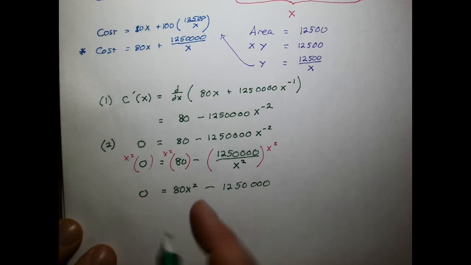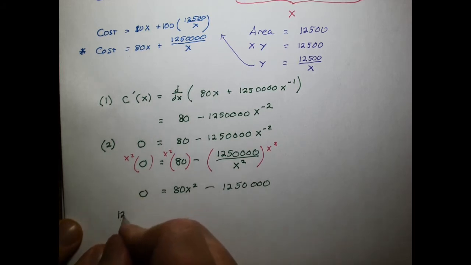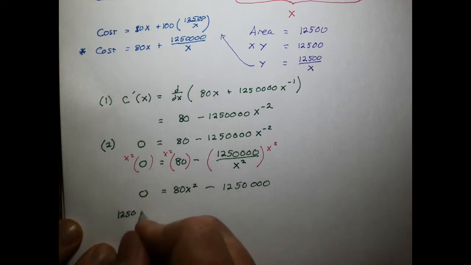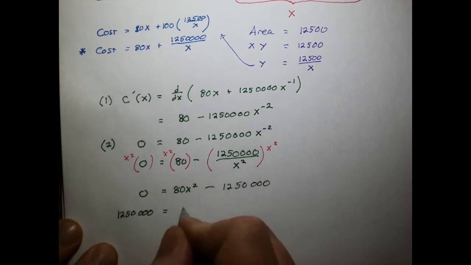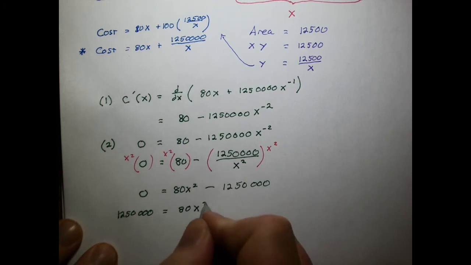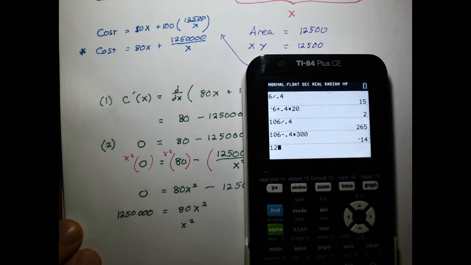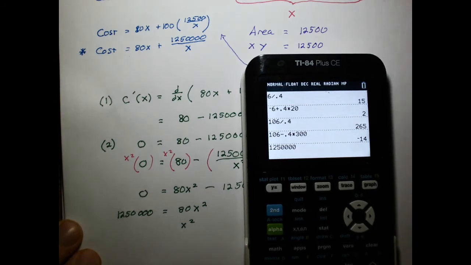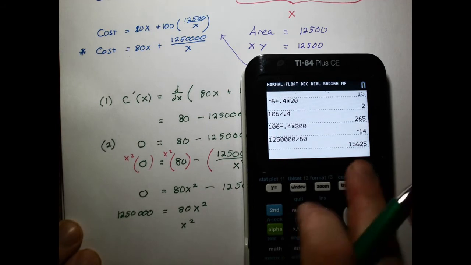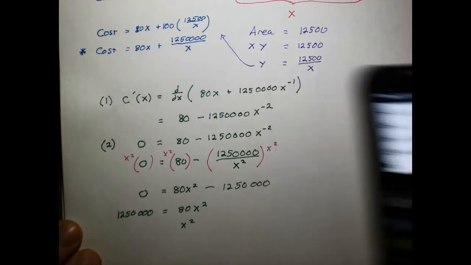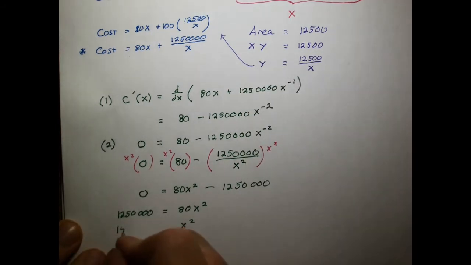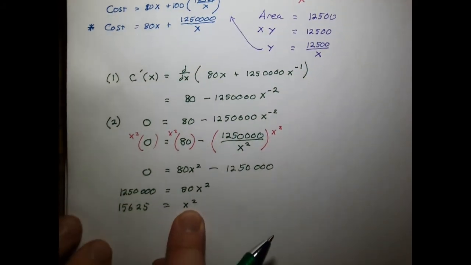All right, and we can move this over. We can divide 1,250,000 divided by 80, and we get 15,625 equal to x squared.